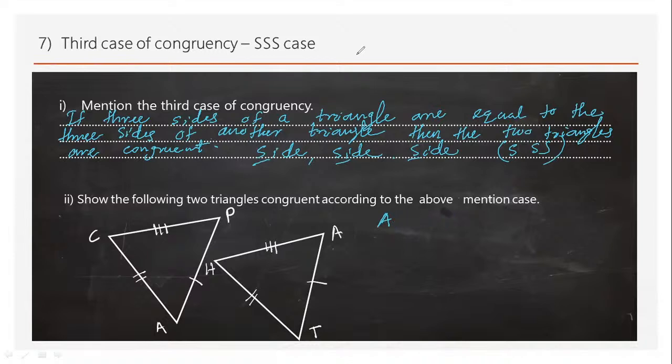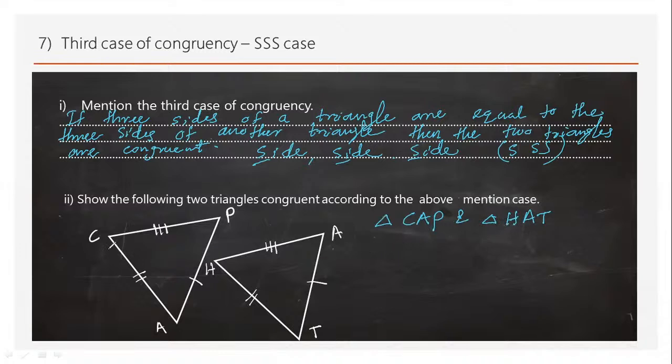You can see CAP and HAT. Triangles CAP and HAT.